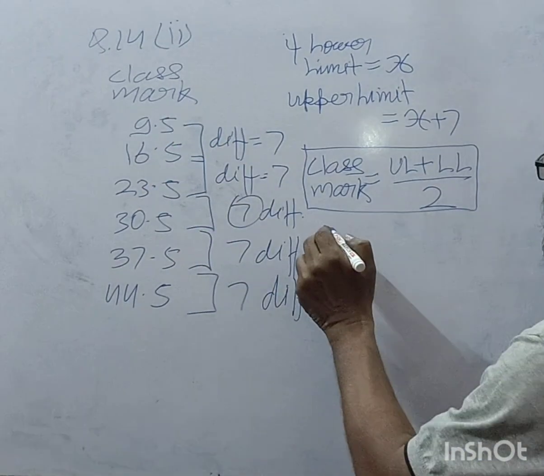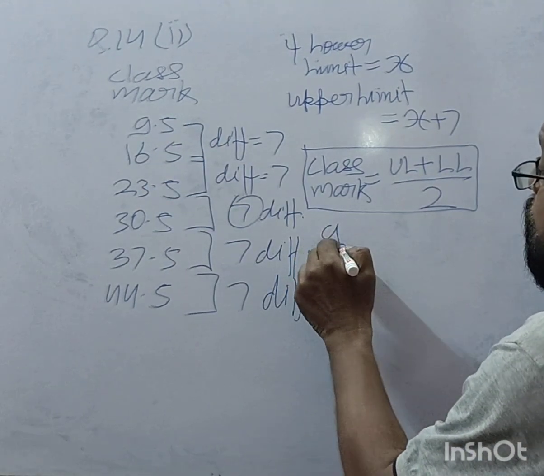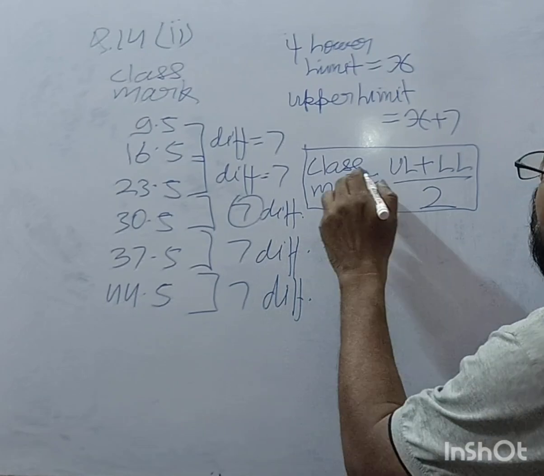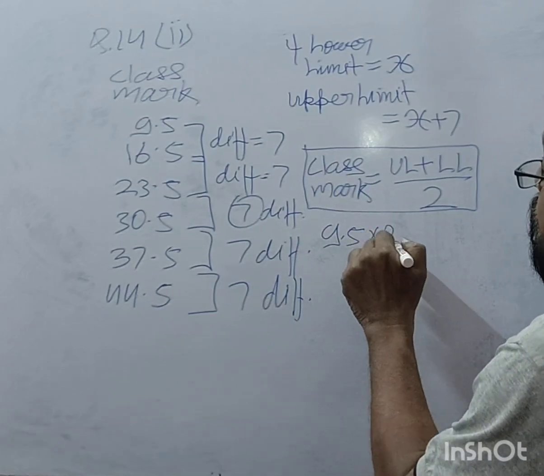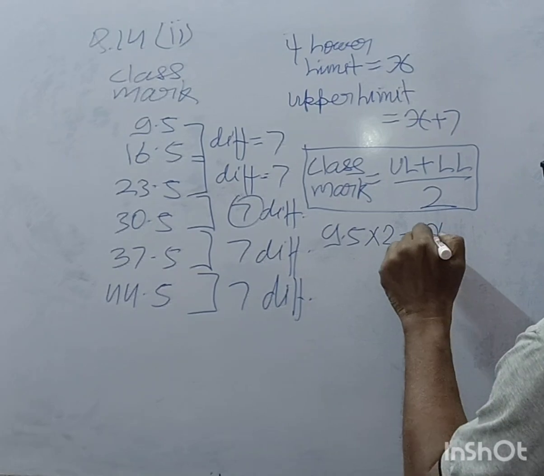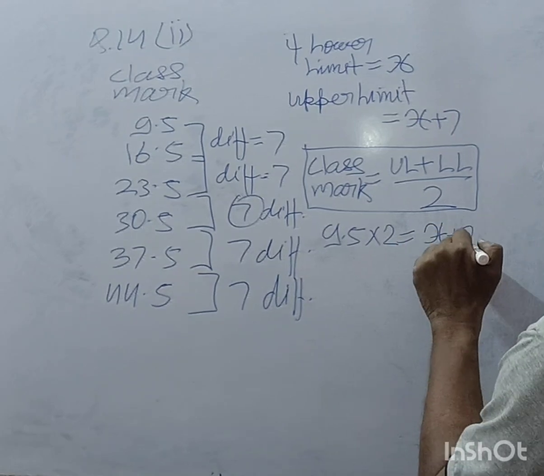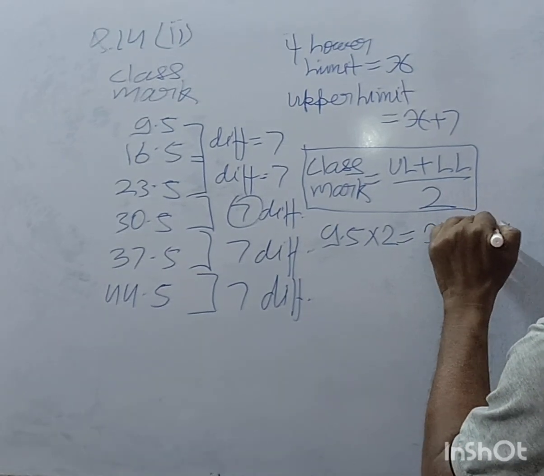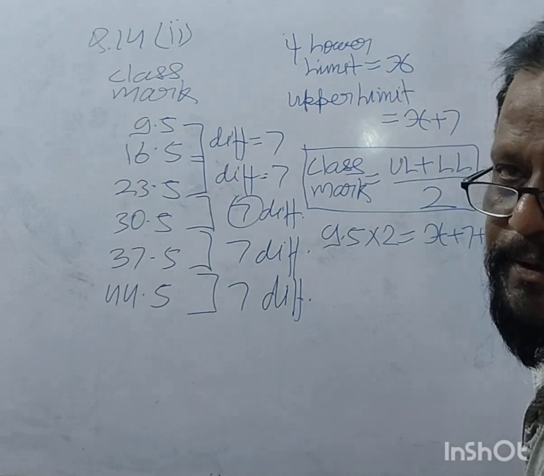You have 9.5. So 9.5 into 2 is equal to upper limit x plus 7 plus x, right?